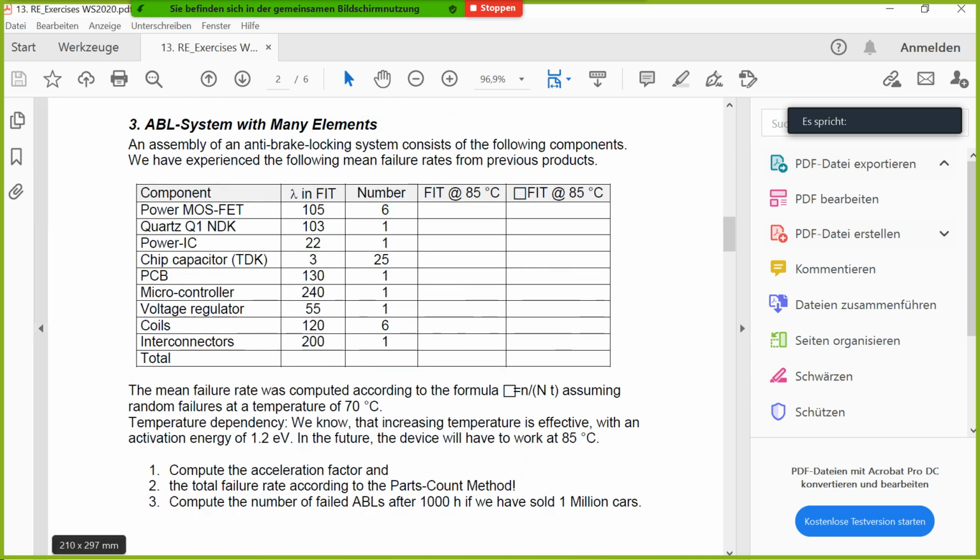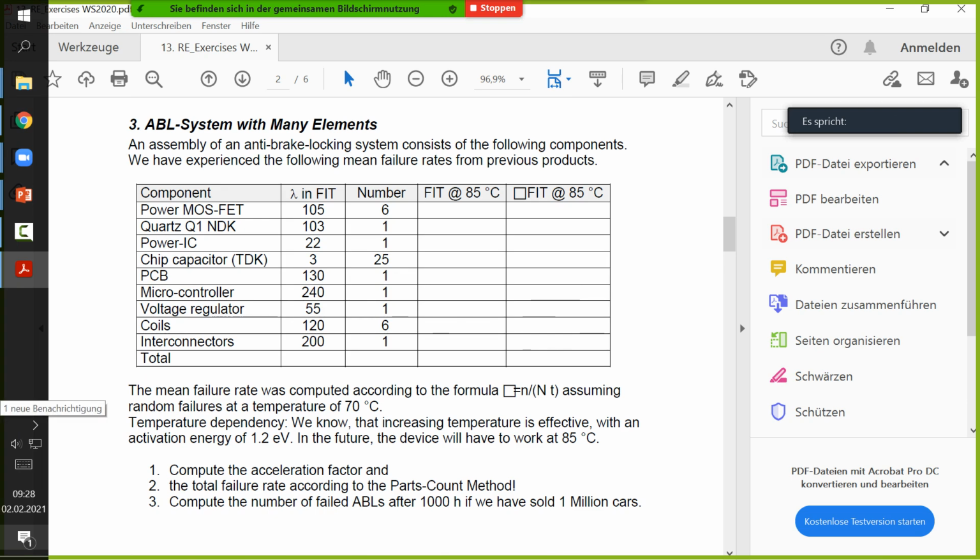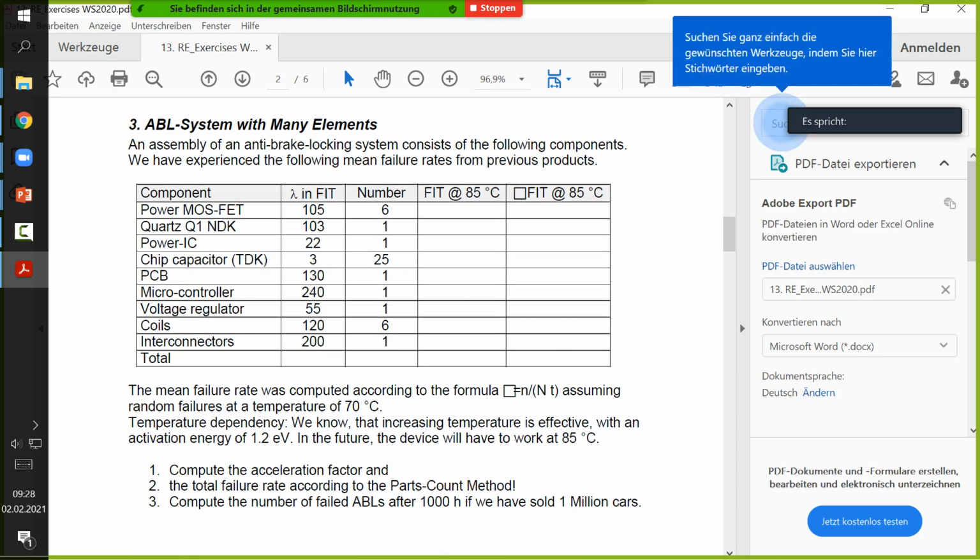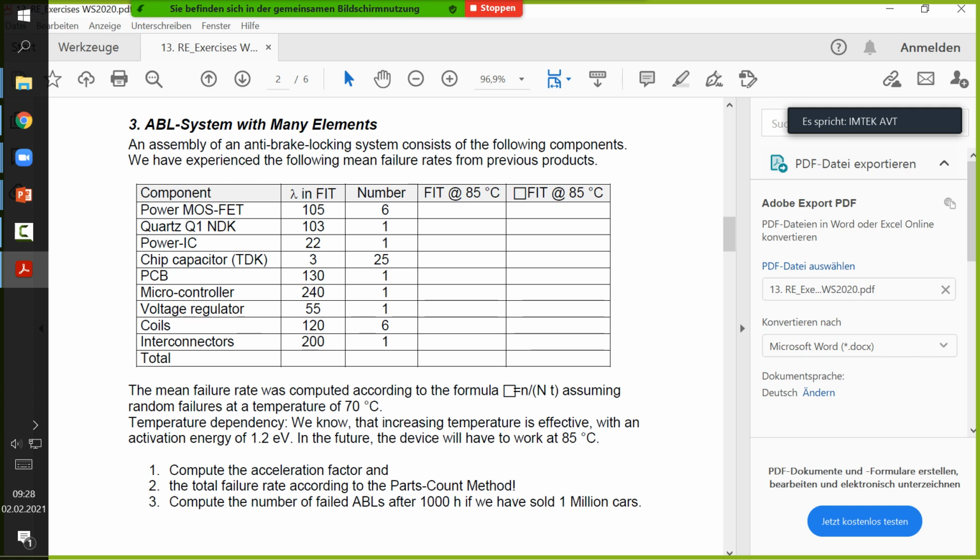Here we have an example of a more complex system. It's an anti-brake locking system with many elements. It consists of the following devices, and we have experienced the following mean failure rates from previous products.